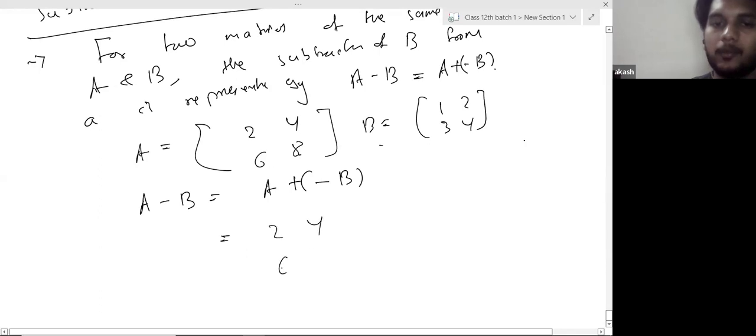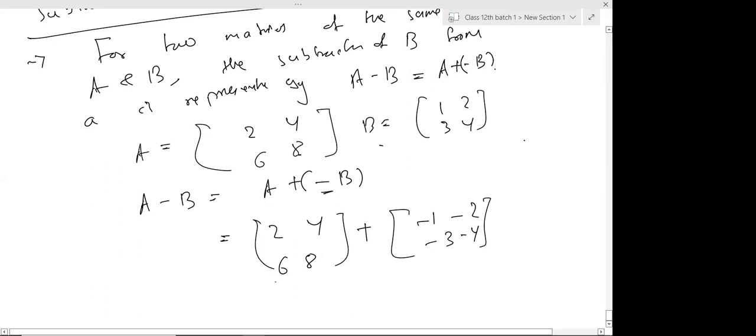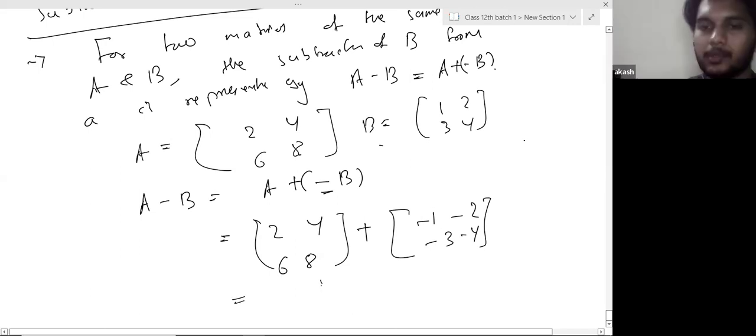So this is 2, 4, 6, 8 plus -1, -2, -3, -4. This step is clear, everyone? I multiplied this -1 to the matrix B, so all the elements became negative. Now we can just add them. So this is 1, 2, 3, 4. This is the answer.